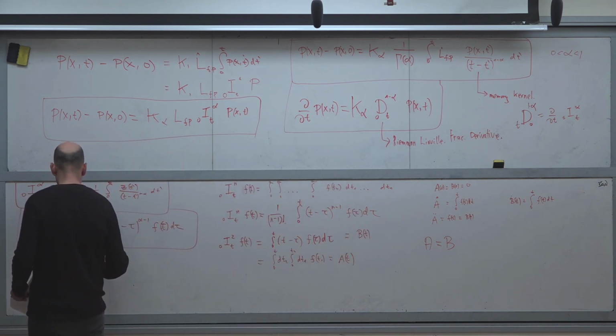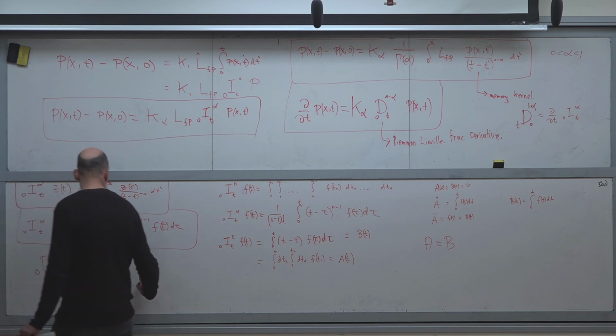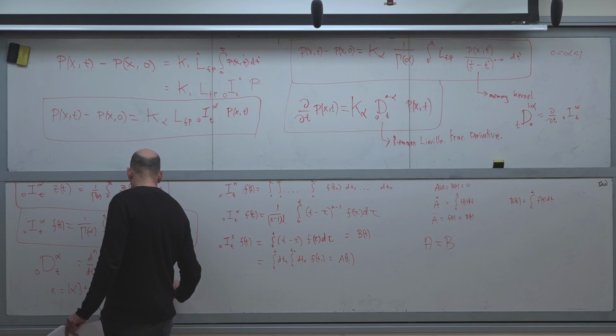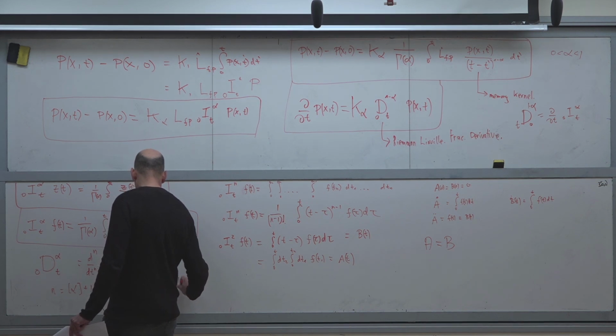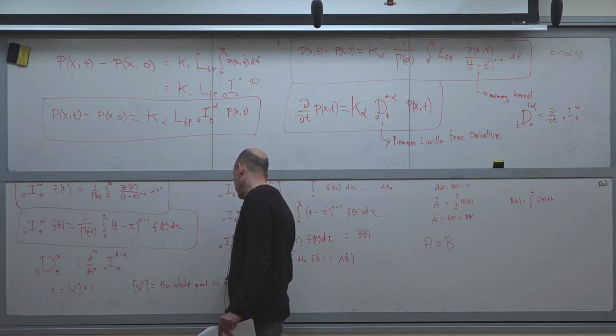So this is equal to d to the power n over dt to the power n of I^(n minus alpha), where n is the floor of alpha plus 1.